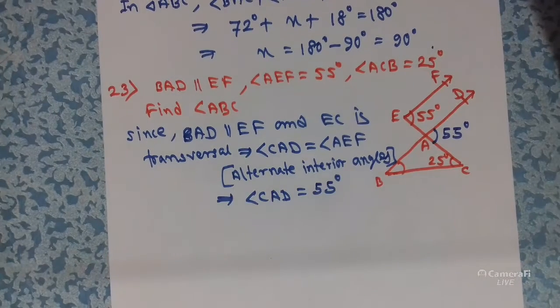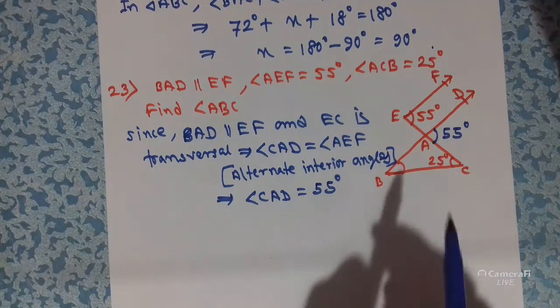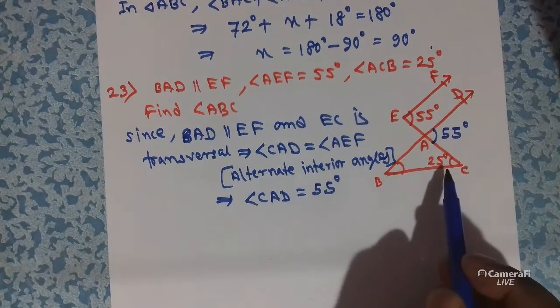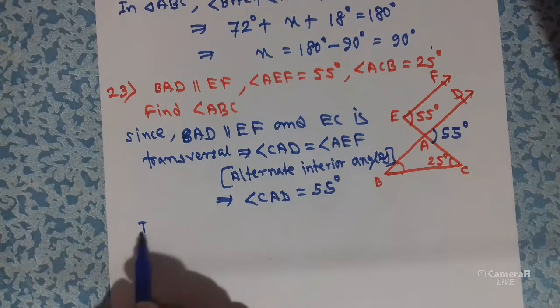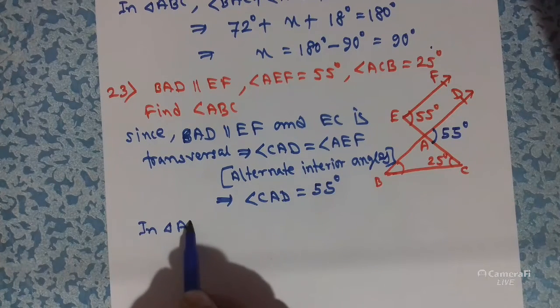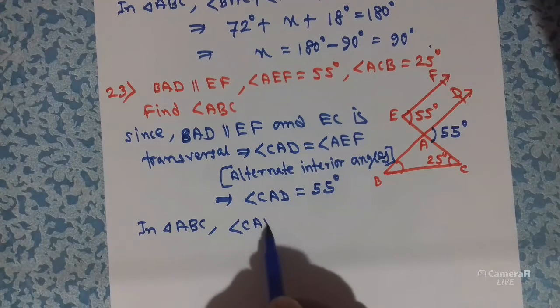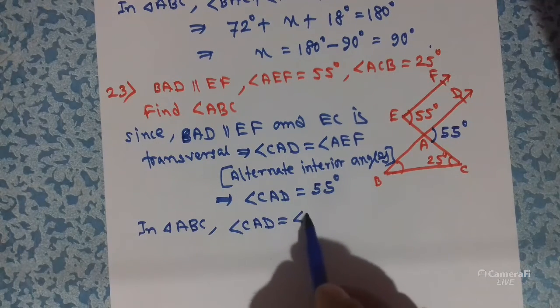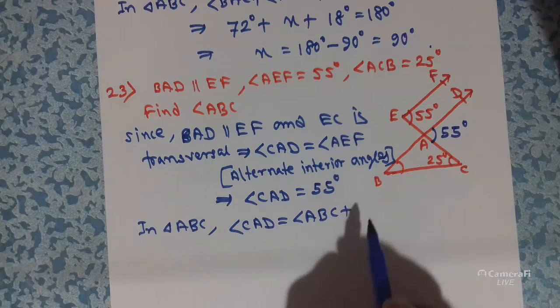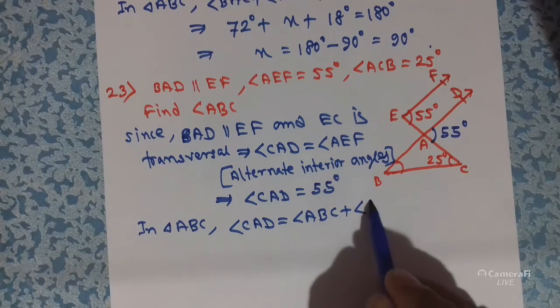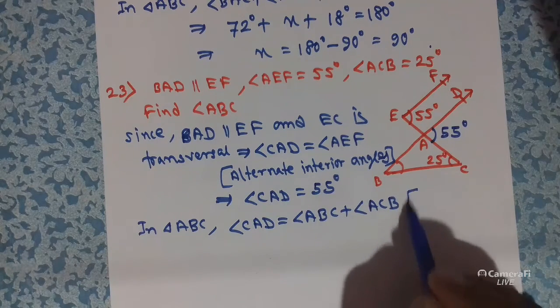Now students, we have to find the value of angle ABC. So in triangle ABC, exterior angle CAD is equals to angle ABC plus angle ACB. Why?